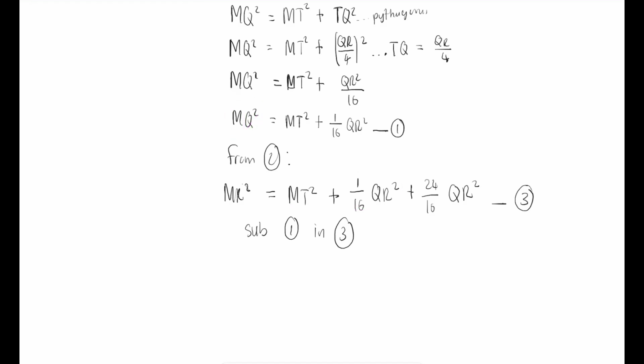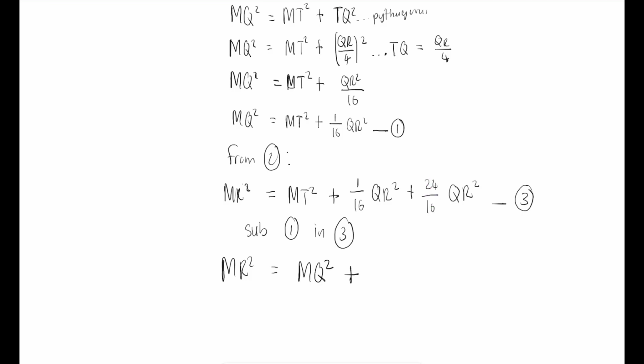So therefore my MR squared is going to be equals to MQ squared plus, so if you simplify this fraction, 8 goes in 24 3 times, 8 goes in 16 2 times.